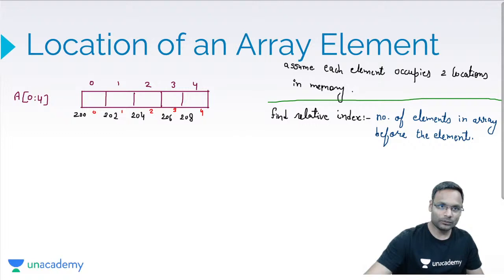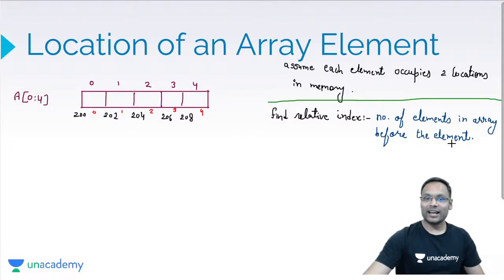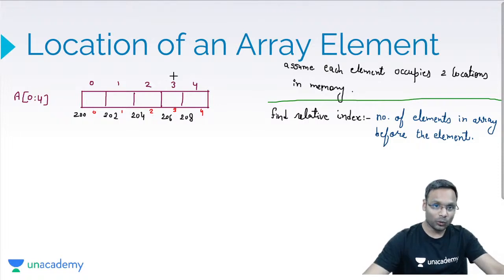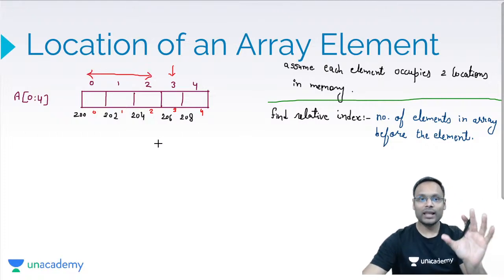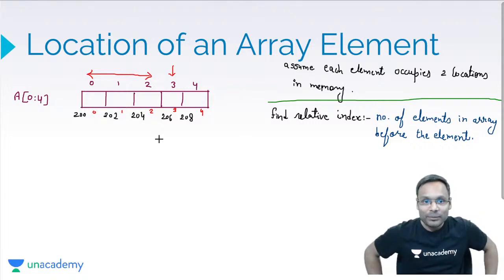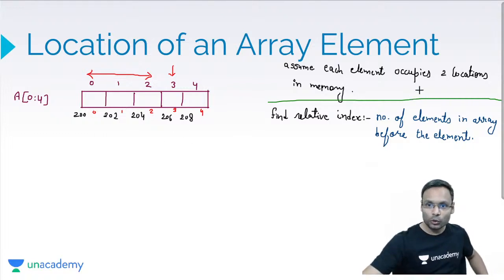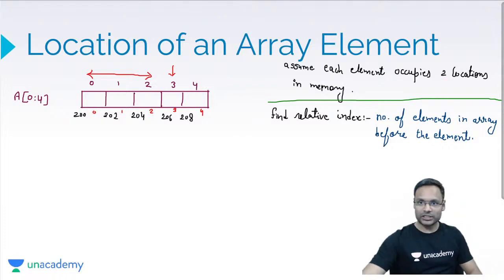Original index 0, its relative index also 0. Original index 1, relative index also 1. Original index 2, relative index also 2, and same. What exactly will I do with this relative index? If I know that before this third index element, 3 elements are there, I can check how much space these 3 elements are occupying in the memory. 3 elements, each element taking 2 locations, as given in the question.